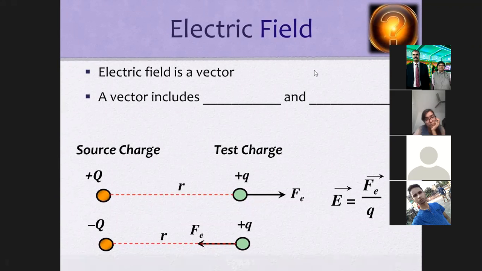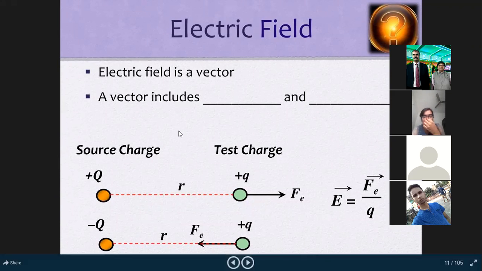And hence, here, look at this, this is the source charge, and the test charge is situated at a distance of r from this source charge, and it experiences a force Fe. Therefore, the electric field of this source charge will be directed away from the source charge, and the expression will be given as follows.